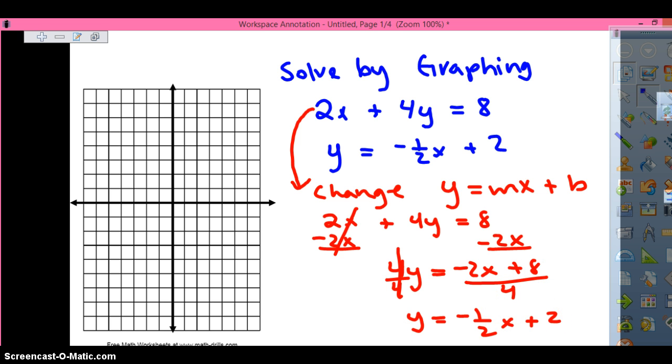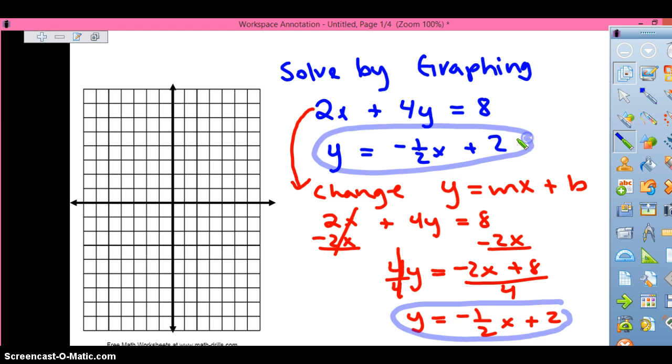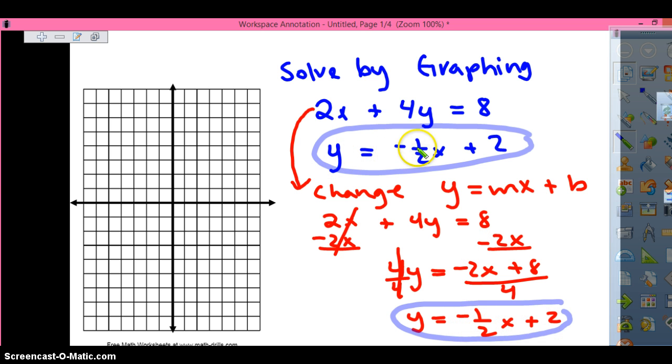So the two equations we're looking at now are y equals negative 1 half x plus 2 and y equals negative 1 half x plus 2. What do you see about these? They're the same.